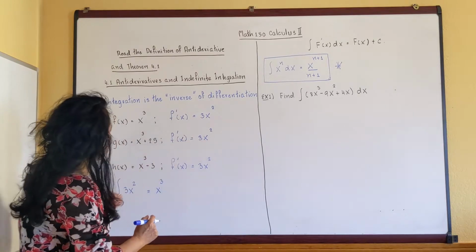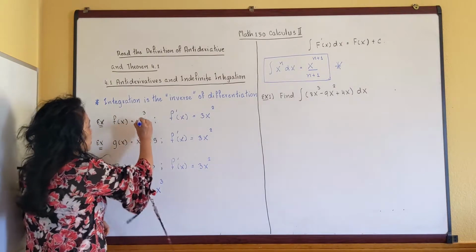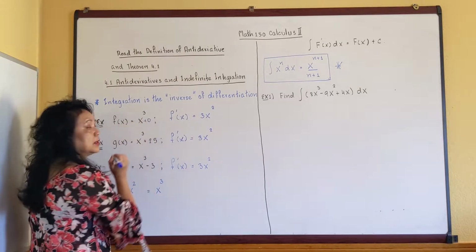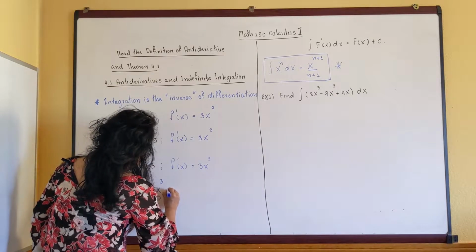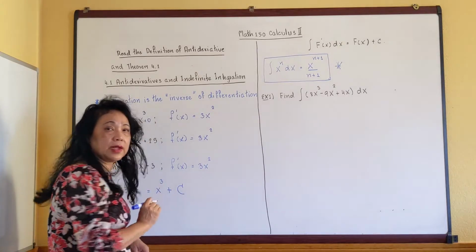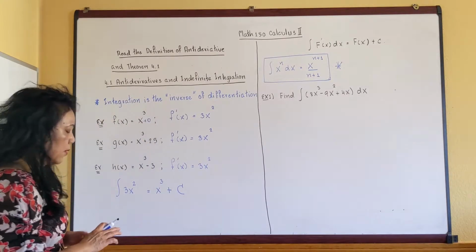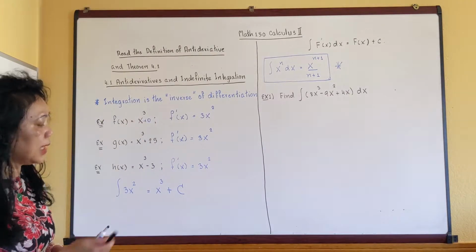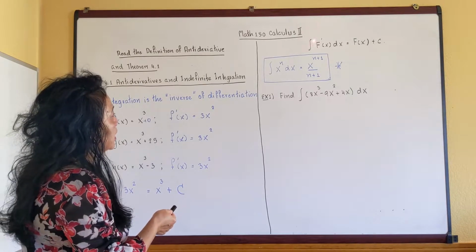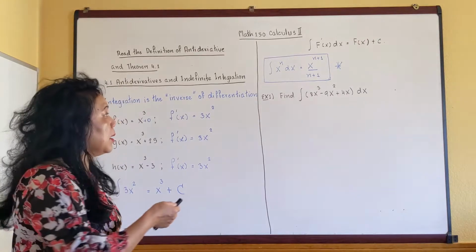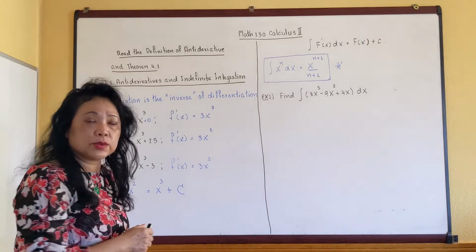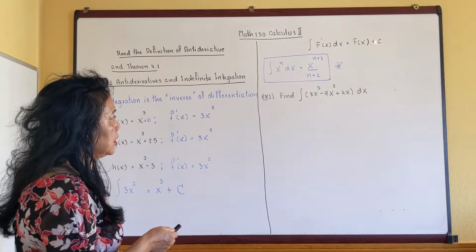That's why it doesn't show here. So think of this as plus 0, plus 25, and minus 3. So I'm going to use capital C, plus C. That's the notation. If you take an integral of f prime of x dx, you should get f of x plus C. C here is referred to as the constant. Make sure you don't forget the C.